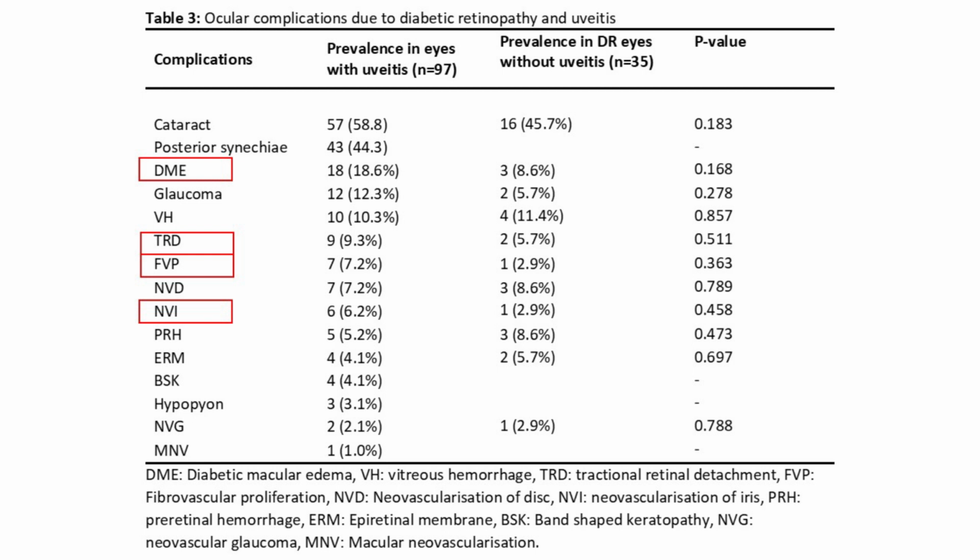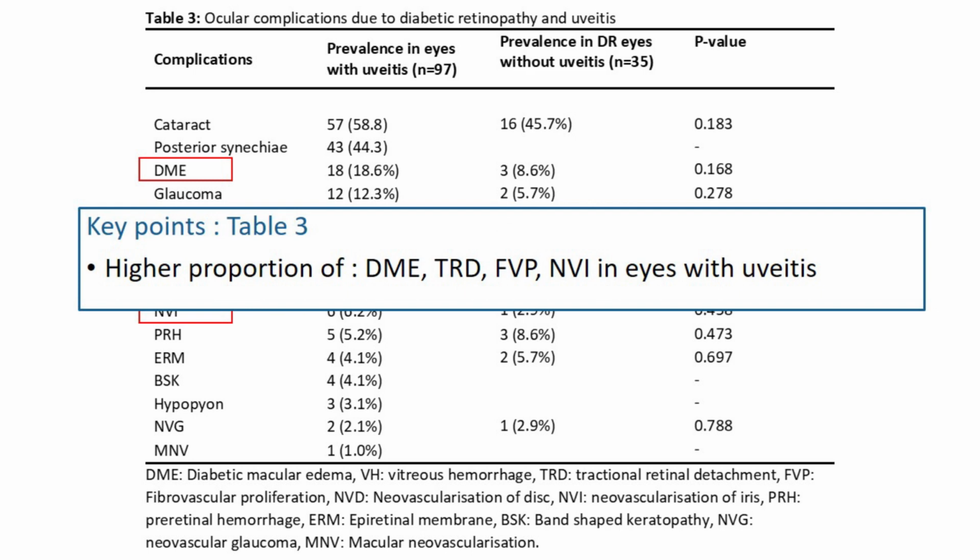The other complications, including glaucoma, vitreous hemorrhage, neovascularization of the disc, preretinal hemorrhage, epiretinal membrane, as well as neovascular glaucoma, were noted to be equally distributed among both the groups. So here we noted that there was a higher proportion of diabetic macular edema, TRD, fibrovascular proliferation, and neovascularization of the iris in the eyes with uveitis in our cohort.